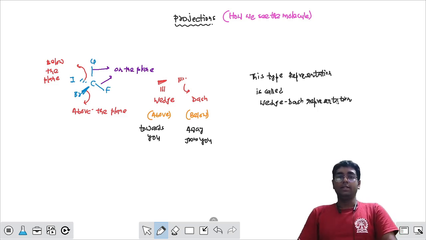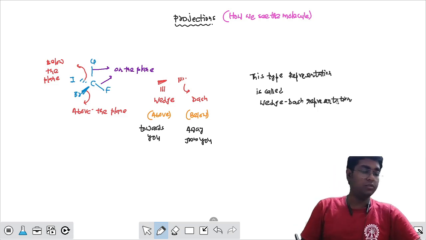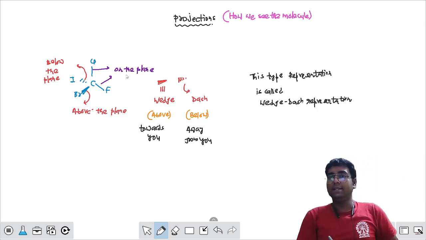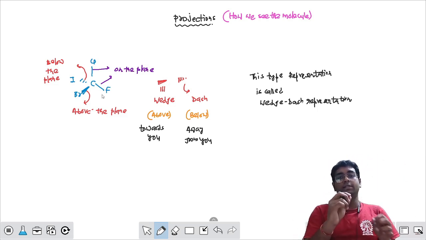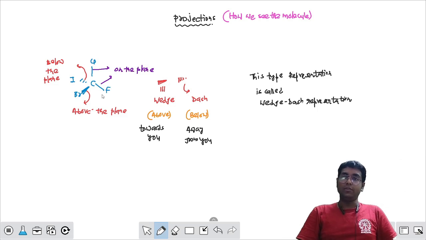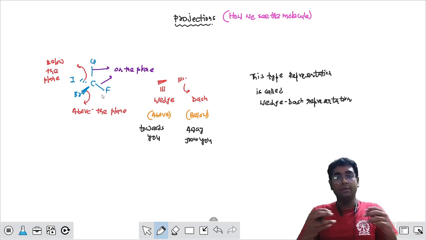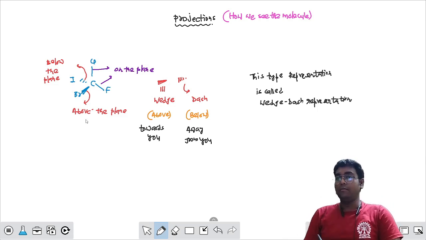Is it clear that we have learned how to see a tetrahedral? There are two bonds which lie on the plane, that is the C-Cl and C-F bonds. One is above the plane, towards you, that is the C-Br bond, and one is below the plane, away from you, in this case the C-I bond. Okay, so let's classify this one.